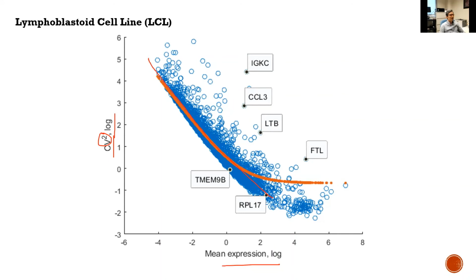Then you can do a regression to predict the pattern across all genes, and any gene above this curve has relatively high variability, such as this one. Our ribosome protein example, which is under this curve, is more uniformly expressed. Those are the non-highly variable genes, and those on the top are highly variable genes.